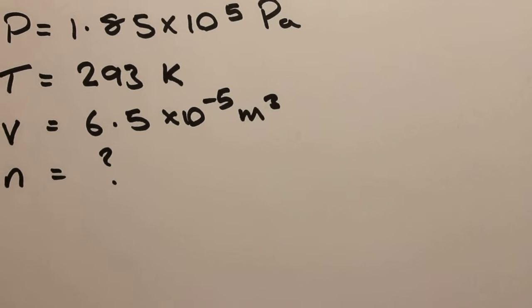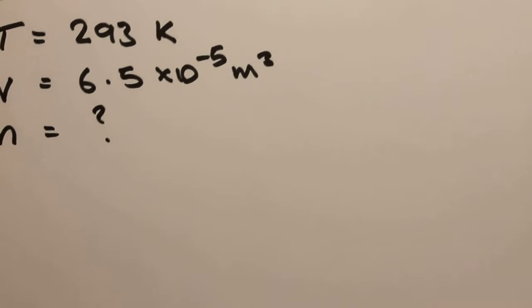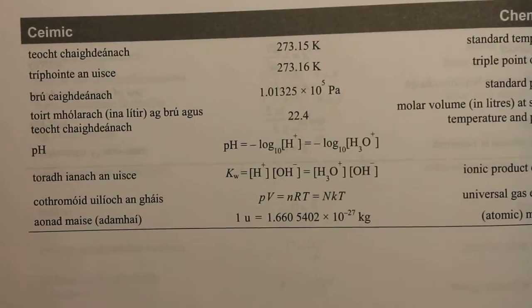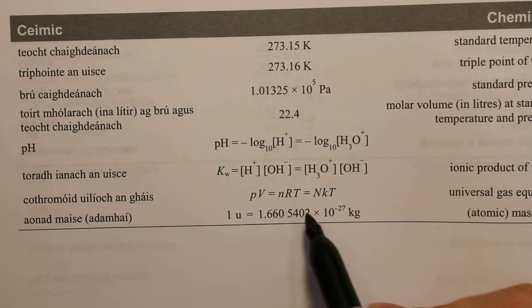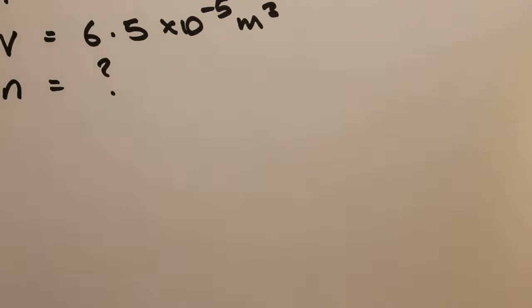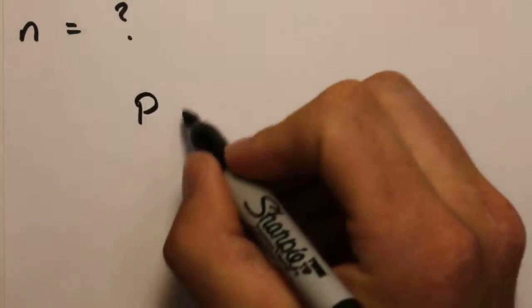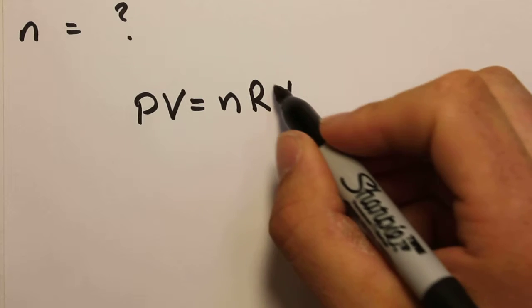Now, we have pressure, we have temperature, we have volume. We're looking for the number of moles, so there's an equation that we can use here. This equation is found in your formula and tables booklet on page 64, and it is PV equals nRT.